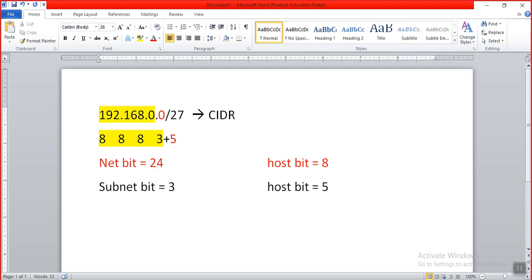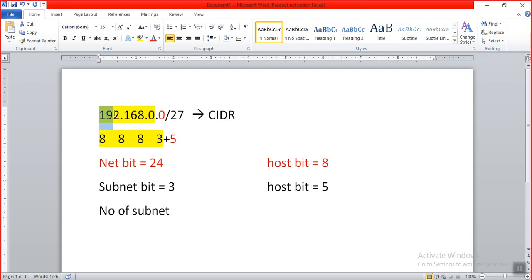Now, number of subnets, I guess it will be 28, sir? 3 plus 5 goes to 28? No, 5 plus 3 is 8.